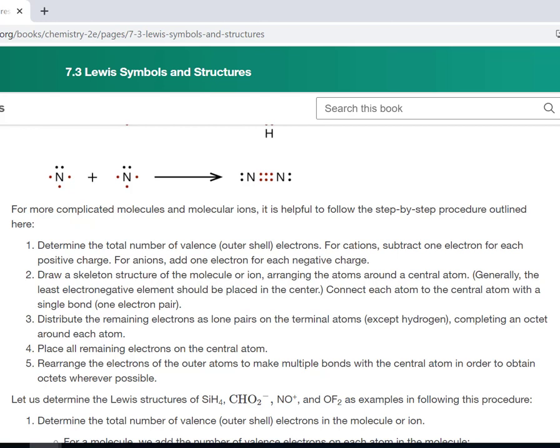The Lewis structure is correct if you have the correct number of valence electrons, so what you counted in step 1 is the same as your final arrangement, and also that every atom in the molecule has the 8 electrons that it needs for the octet rule. Please get some practice on this before moving forward.